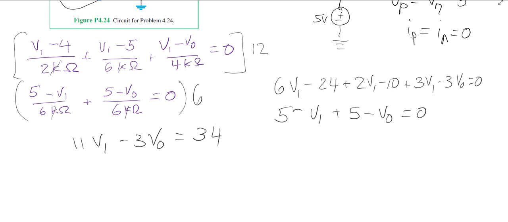I always make lots of mistakes on these, so y'all keep an eye on me. Even looking at my solutions, I make mistakes. Minus V1 minus Vo equals minus 10. Or let's just change that to V1 plus Vo equals 10.